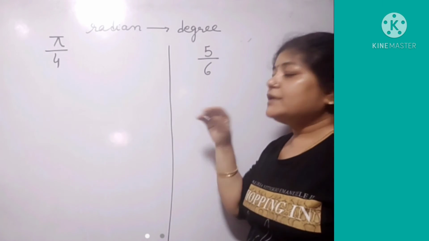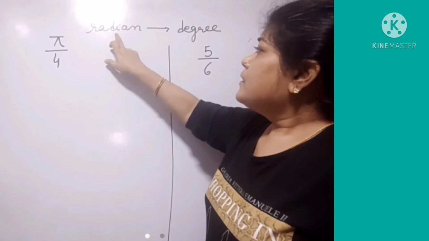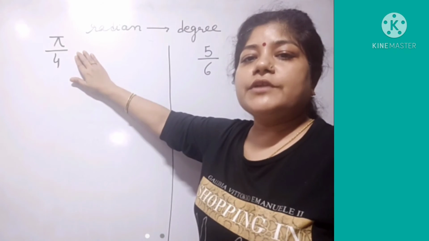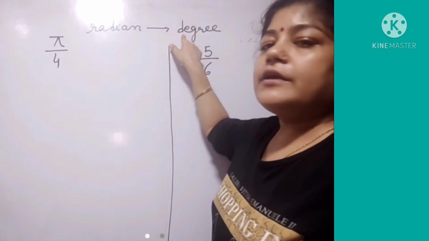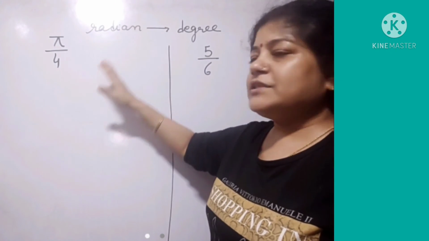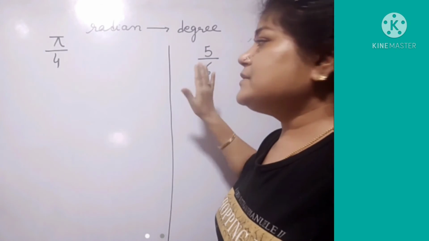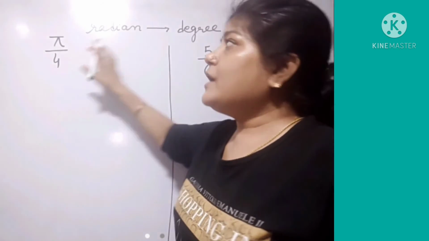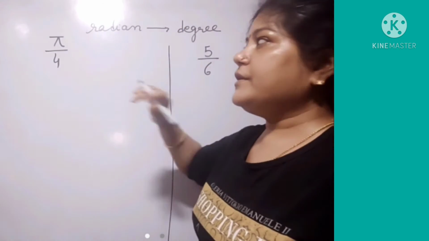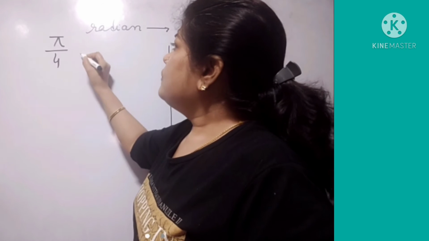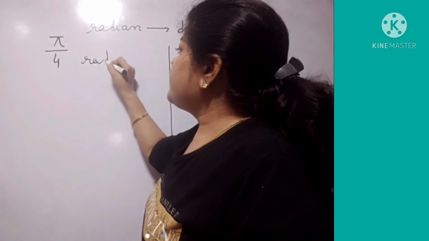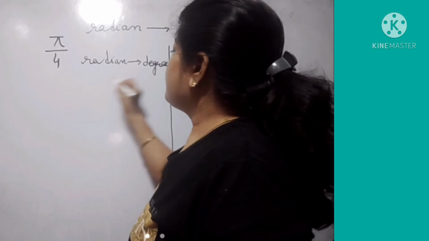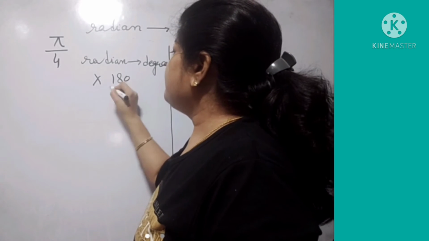Now there are some more patterns. For example, we have angles which are given in radians and we have to convert them to degree. I told you earlier, but I am revising here in order to explain some more things. In order to convert from radian to degree, we multiply by 180 by pi.